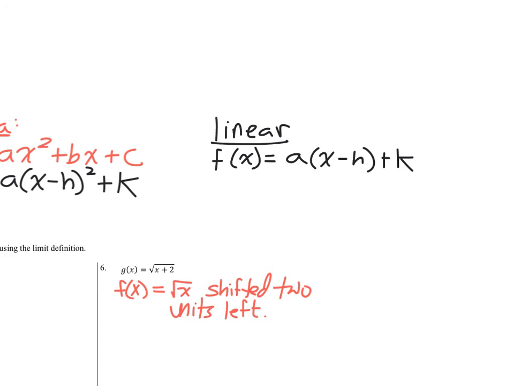You could do it with a cubic function. The only difference would be it would be a times x minus h cubed plus k. You can do it with a log function. We'll stick with natural logs for the most part. But you might say a ln of x minus h plus k.